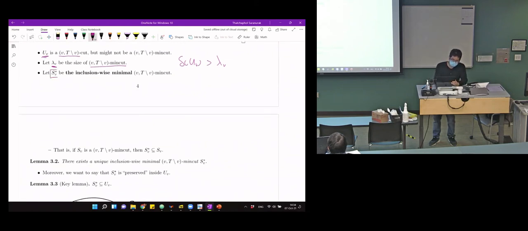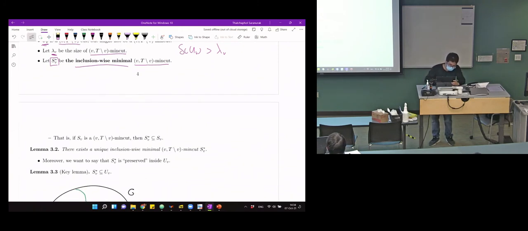Let's define S star V to be the minimum V isolating cut. So it's the V, T minus V min cut, but it's the one which is inclusion-wise minimal. By which I mean that if you take any SV which is a V, T minus V min cut, then S star V is always a subset of SV.